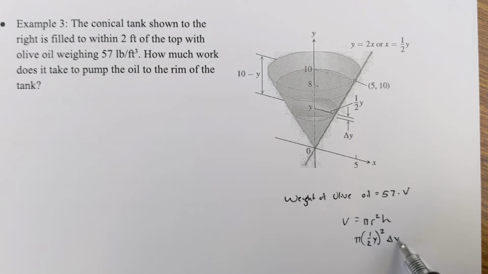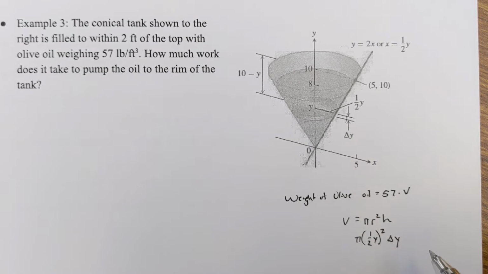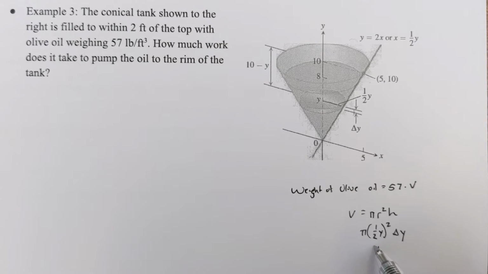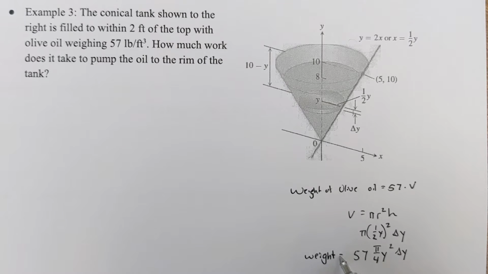H is the same thing as delta y. It's the change in height of my disk. So this is pi over 4 y squared delta y times 57. So this is the weight of lifting the olive oil.